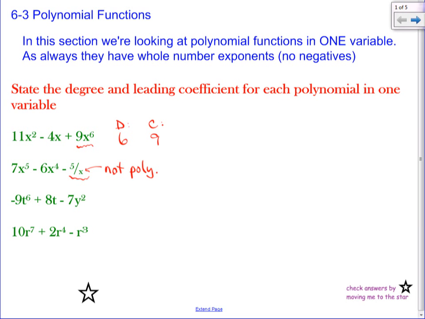Oh, there's multiple variables. Yes, there's y's and t's. Okay, so that one's not a polynomial. This one? Is it a polynomial? Yes. Okay, so what's the degree and leading coefficient? Degree is 7. We always pick the one with the highest number. And the leading coefficient is 10.